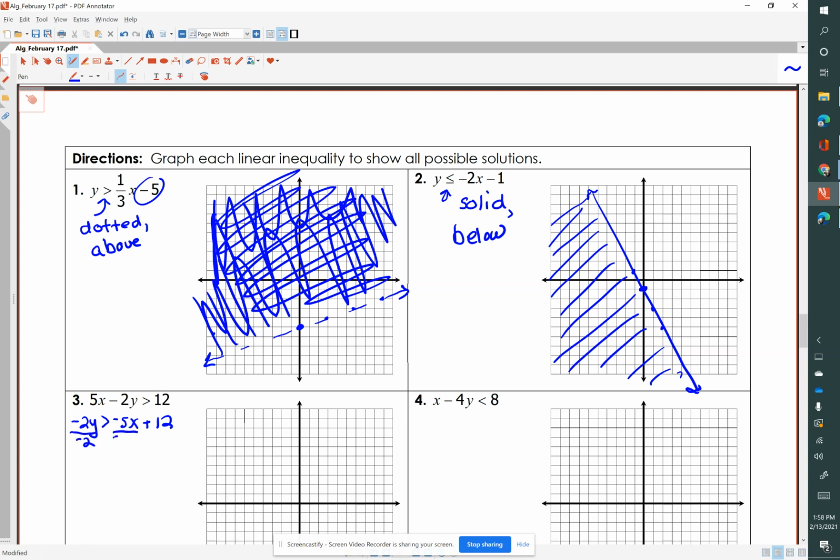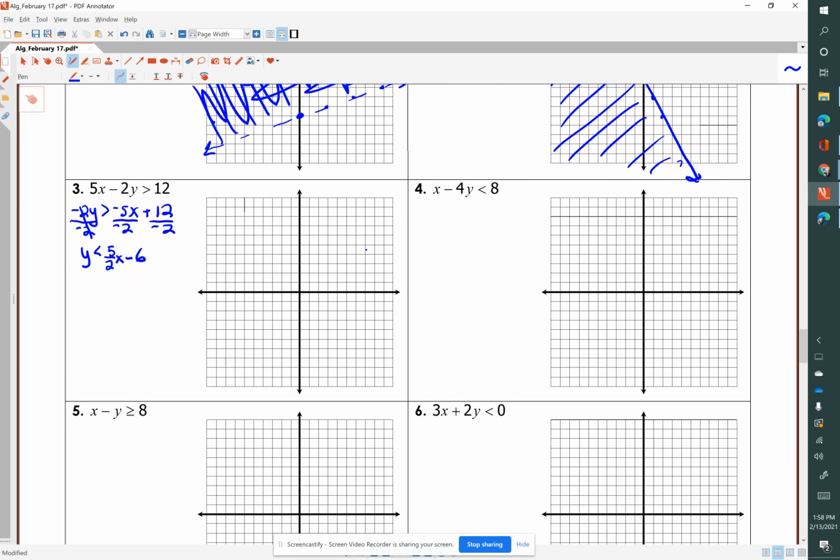I have 3 terms here that I'm dividing, which leaves me with y. I have to flip the inequality, so I will have y is less than 5 over 2x minus 6. So let's graph this.